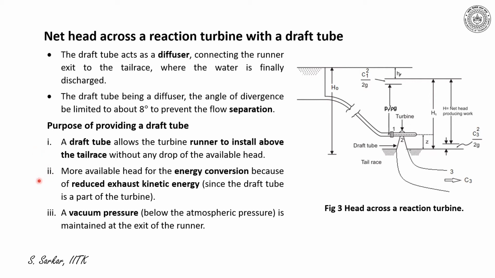Moreover, the available head for energy conversion is high because of reduced exhaust kinetic energy because of the draft tube, and the result is that a vacuum pressure, which is below atmospheric pressure, is maintained at the exit of the runner.